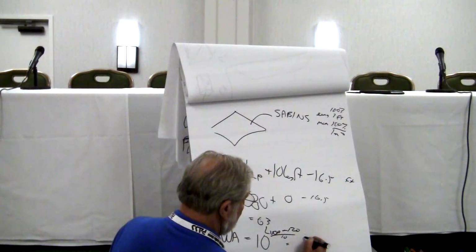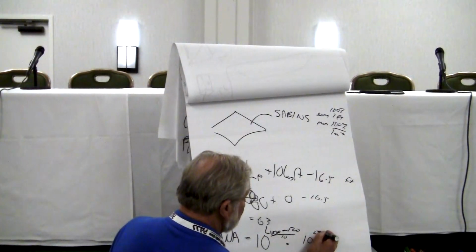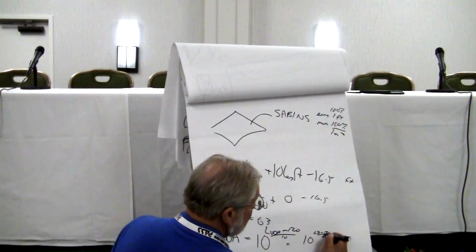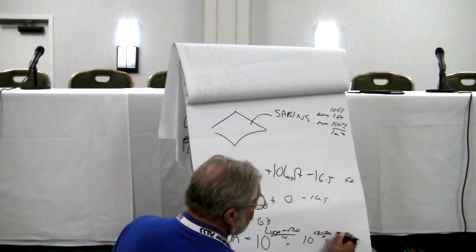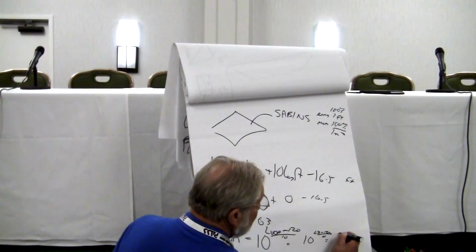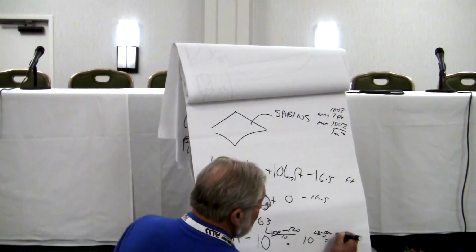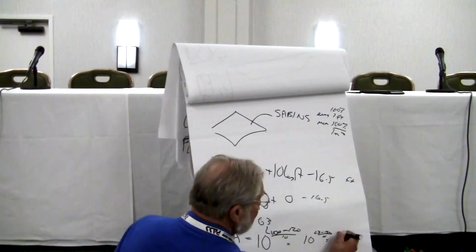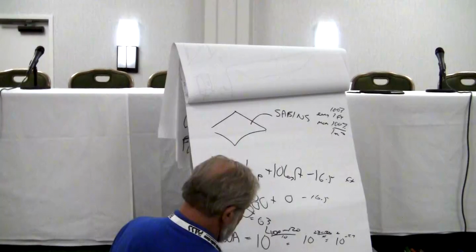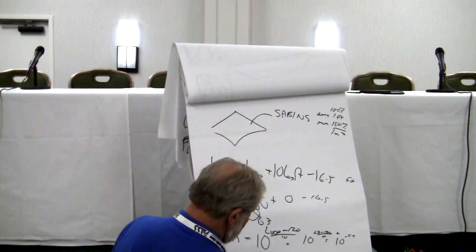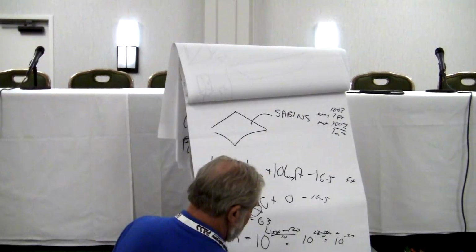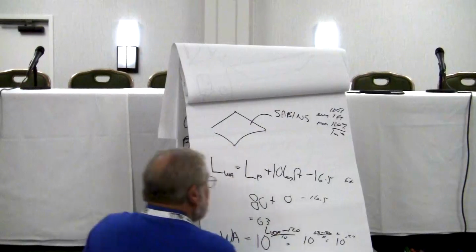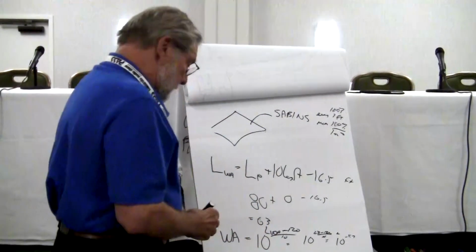So we get 10 to the 63 minus 120 over 10, which is 10 to the minus 5.7, which turns out to be 2.2 milliwatts. Well, that's not a lot of sound.